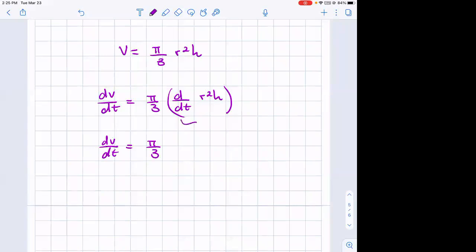If you differentiate this here, you have to use the product rule. So this becomes 2R dr dt times H plus 1, or R squared first, times 1, and then dH dt.